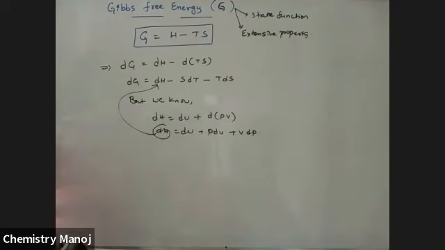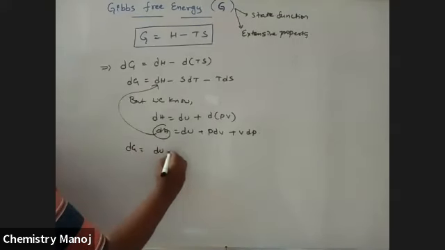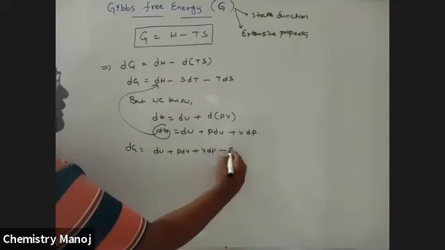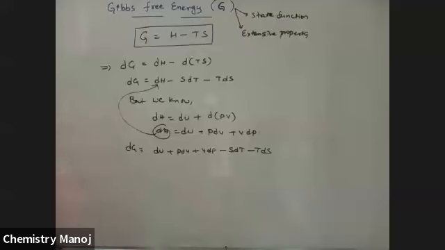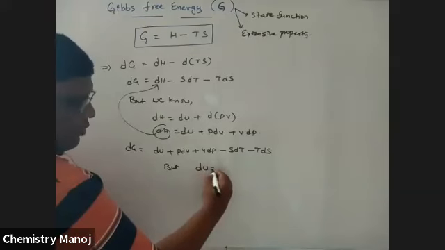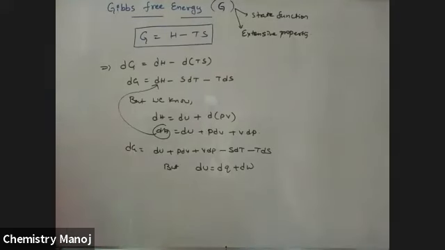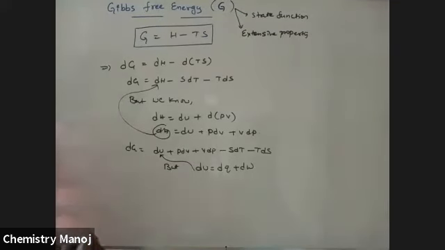You will get dG is equal to dU plus P dV plus V dP minus S dT minus T dS. But dU is equal to dq plus dw. So substitute this dU value here.